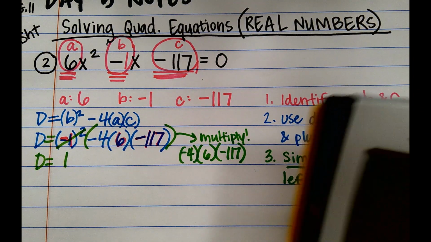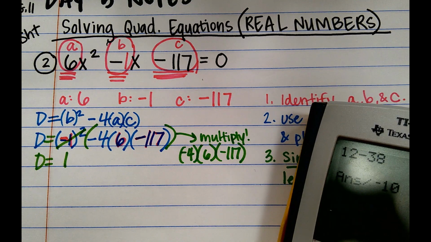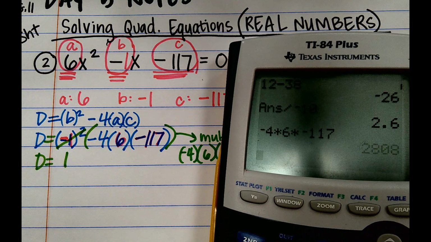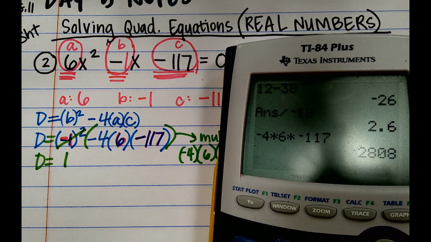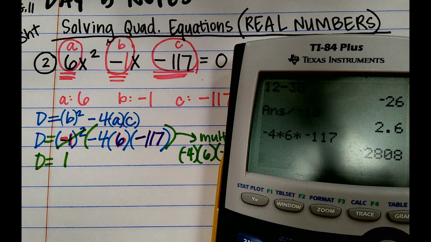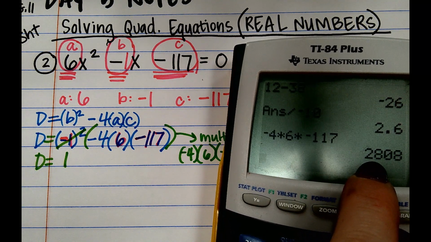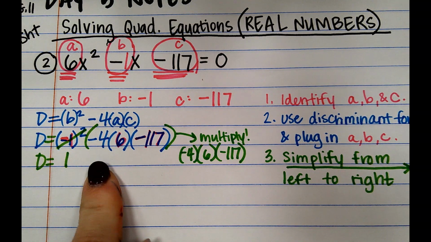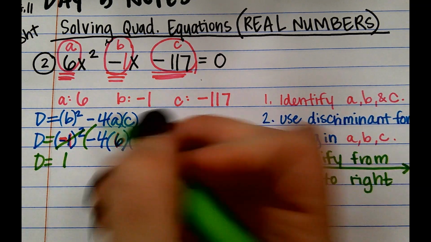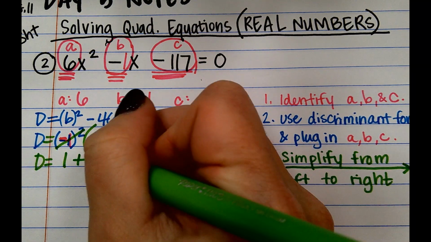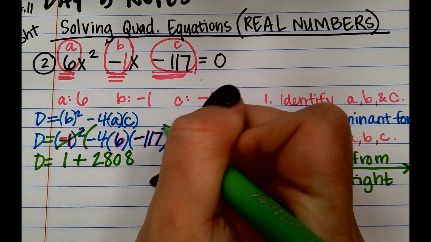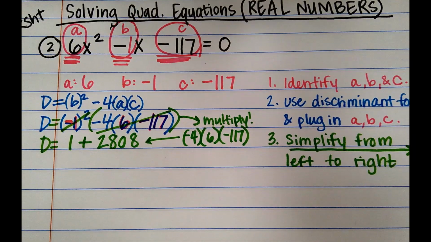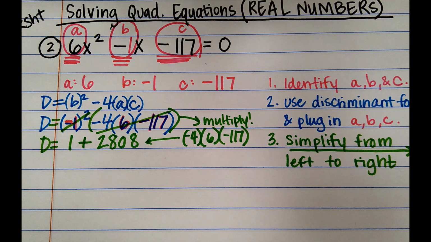Alright, so, negative 4 times 6 is negative 24, times negative 117, which is 2808. And this is positive, right? Yes. So, am I going to write 1 plus that number or 1 minus? 1 plus. 1 plus 2808. Okay. 1 plus that is 2809.